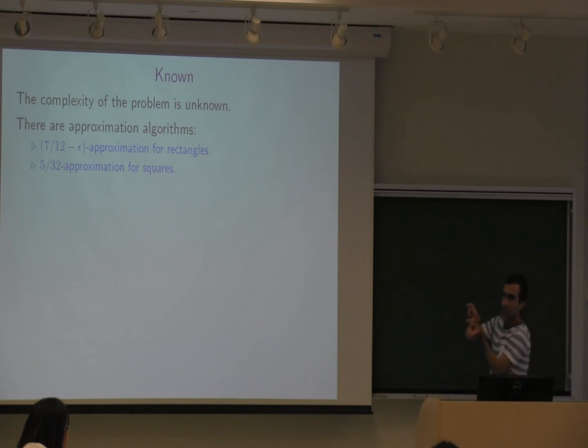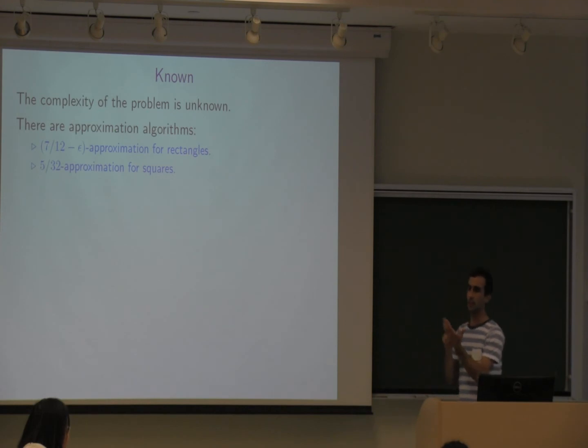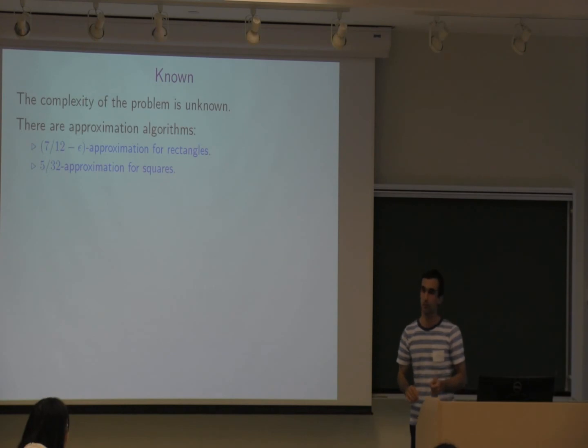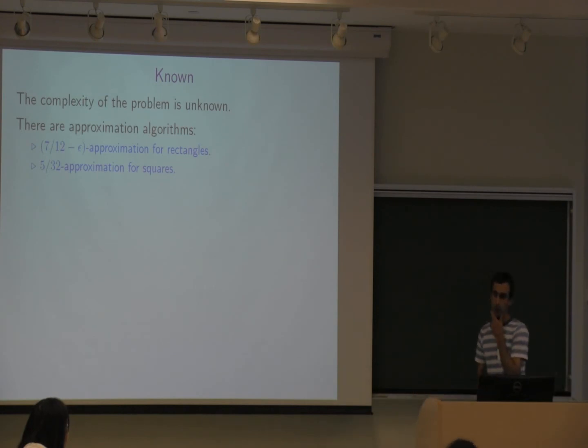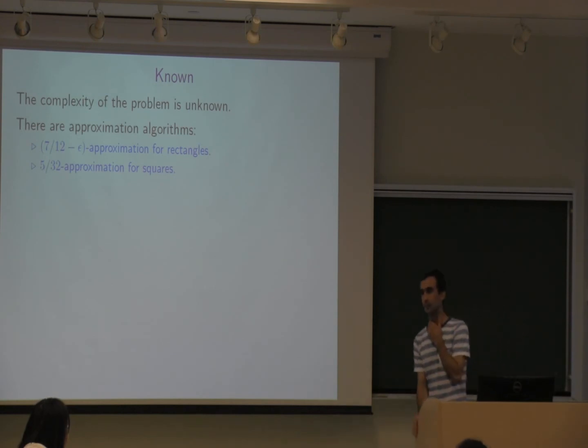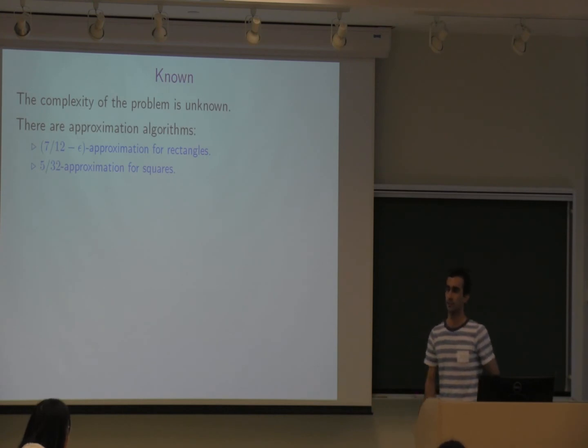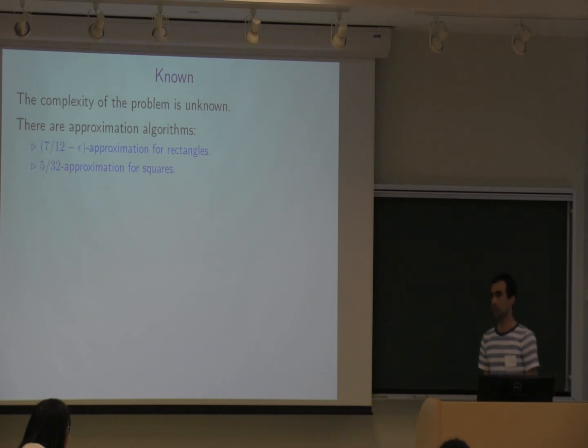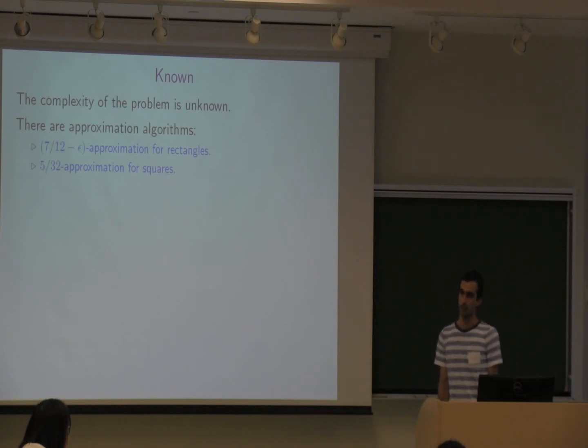Then in each slab you have 1 point, and you infer one of the sides depending on which one is bigger. That simple algorithm gives the approximation for rectangles. And for squares they have a greedy algorithm that encodes the best square that you can for each point, then they go through them, take the maximum one, and they show that it has this approximation. So the algorithms are simple, but the technical part is the analysis of how they get this approximation.